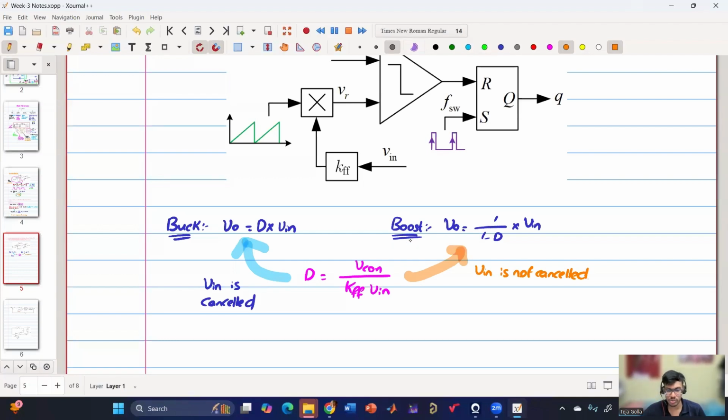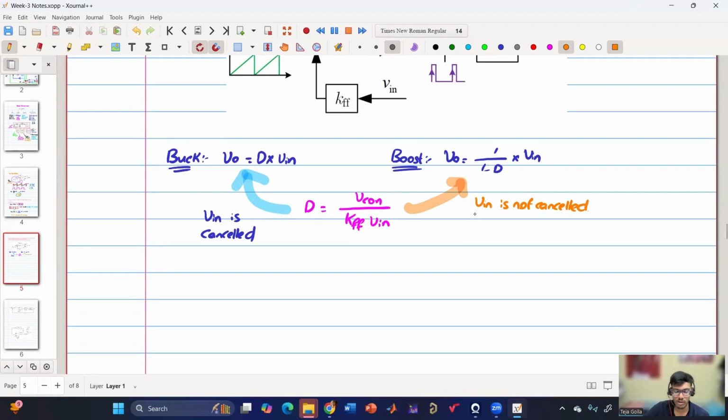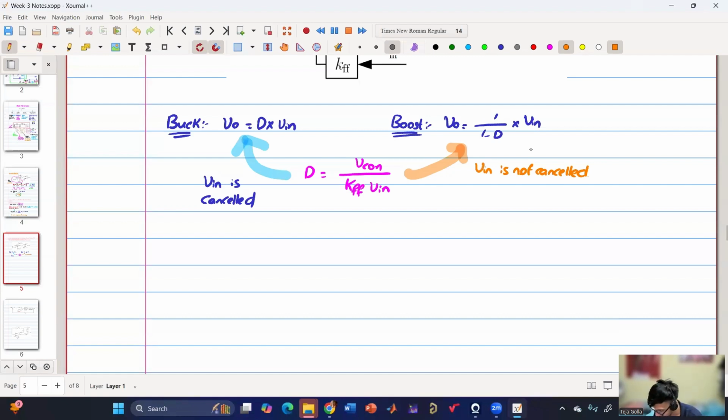So how are we going to see what the dependency will be? Basically, we need to substitute this duty ratio in this expression. So let us substitute it and then see how V naught is dependent on Vin. So V naught is nothing but 1 by 1 minus Vcon by KFF into Vin, into Vin.